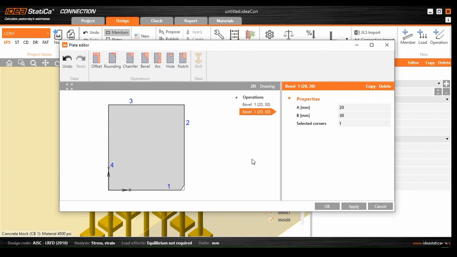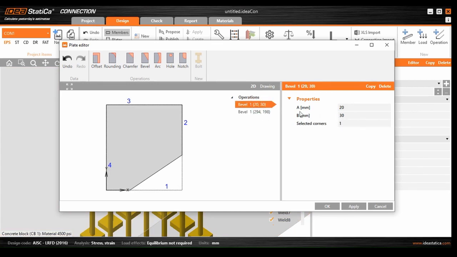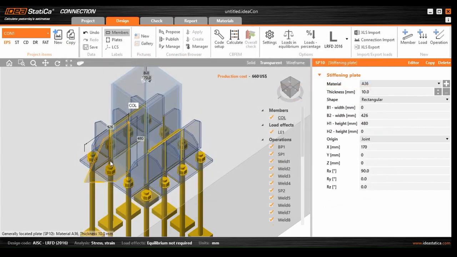Set the corner for the first bevel to 1 and assign 294 and 198 respectively to A and B. Now for the second bevel, set the corner to 2, and assign 276 and 186 to A and B. And then press OK. Now enjoy your gasket plate added to the joint.